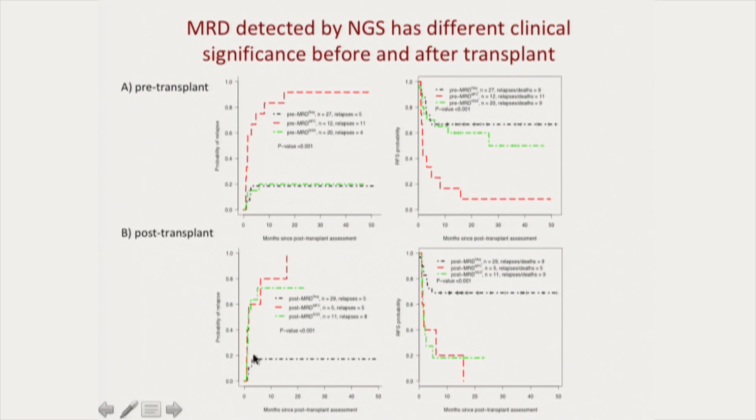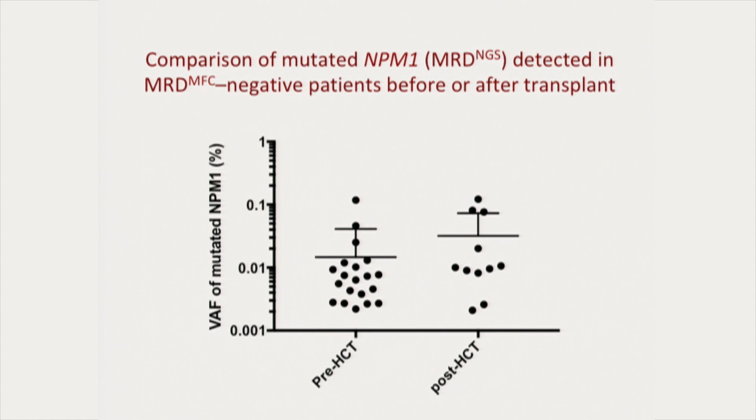But this is quite different compared to MRD detected after transplant. You can see that MRD detected by either flow or NGS carries a significant risk, with very rapid relapse compared to patients without those 2 types of MRD. And the MRD detected by NGS is at a similar level if they are negative for flow cytometry MRD.